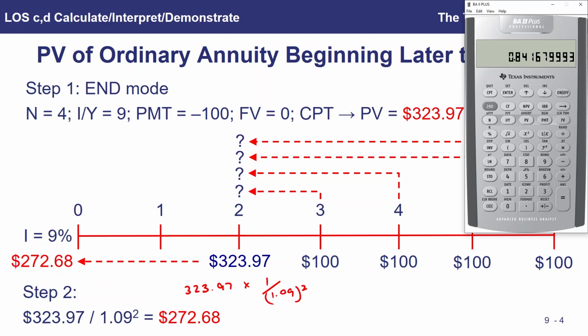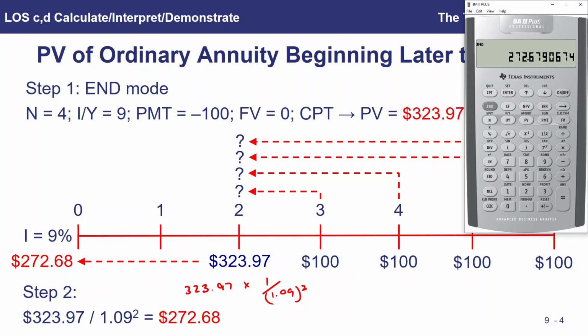So hit the 1/x button, and our discount factor is 0.84167. Multiply by your future value, 323.97. Press your equals button, and there you go. There's the 272.68.